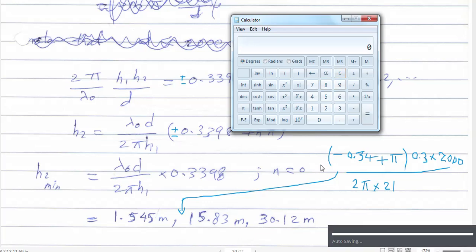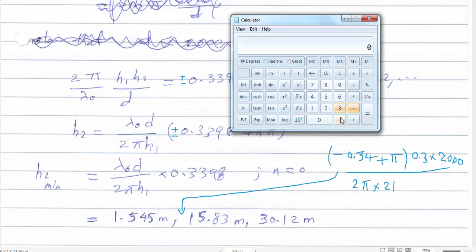Here 0.34 minus sign plus pi equal times 0.3 times 2000 divided by pi and divided by 2 times 21 is 42. The answer is 12.